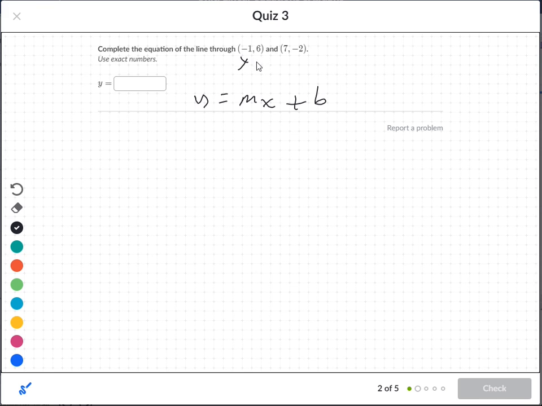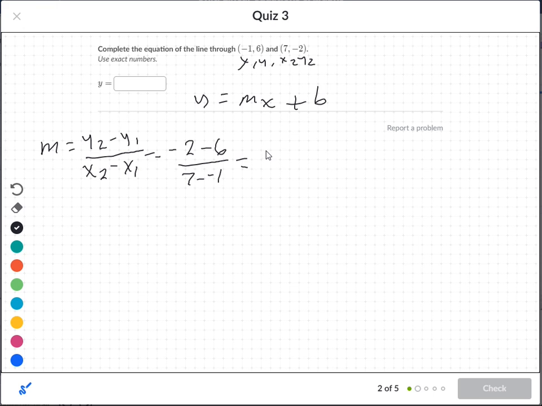And this is x1, y1, x2, y2. So we want to figure out what m is first. We're going to take our second y, subtract our first y, over our second x, subtract our first x. So our second y is negative 2, and we're going to subtract 6. Then we're going to take 7, subtract a negative 1.